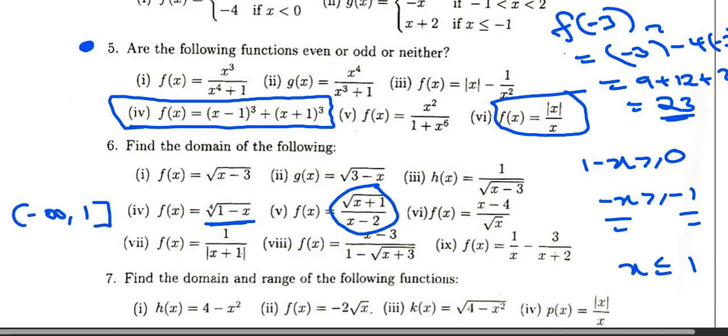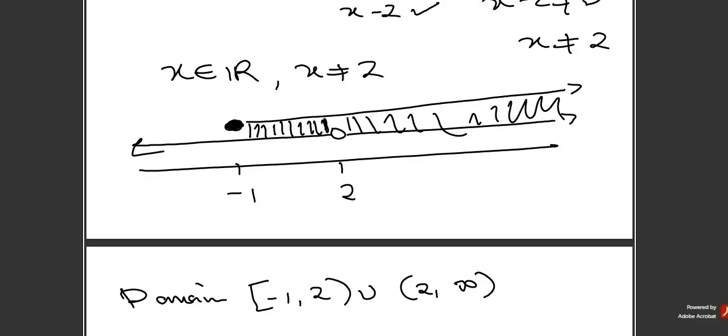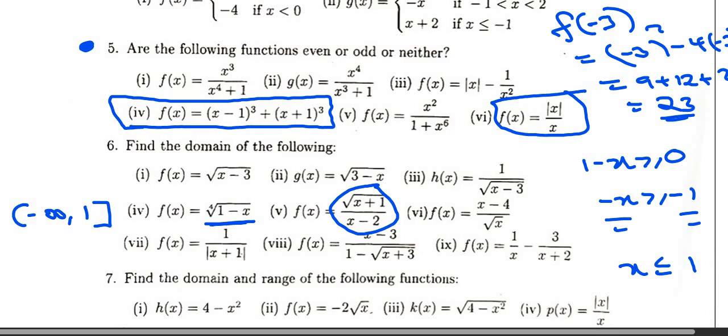So the way we treat this guy here is almost the same way we treat this guy here, except here there's no square root on top. So let's end on here. So this is saying f of x is equal to x minus 4, then over this. So the down part can become a problem if x is equal to 0, right? That's the only thing. So x should never be equal to 0. That's the only thing that we can think about.